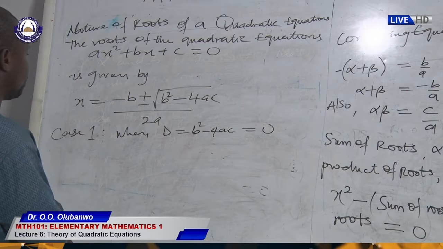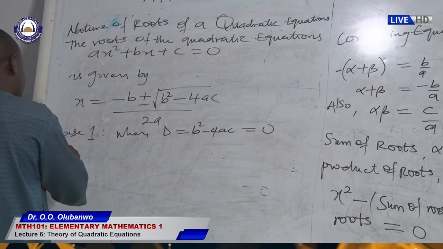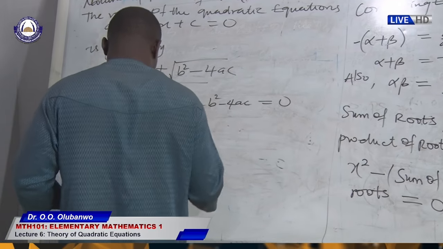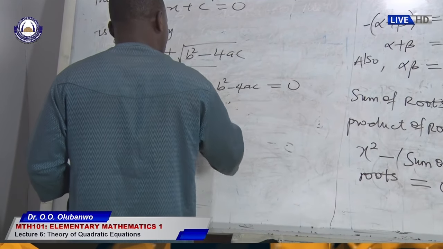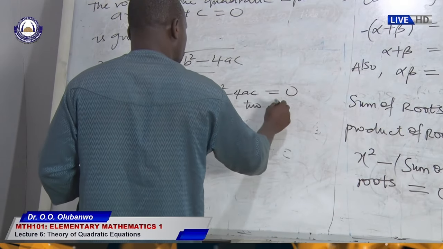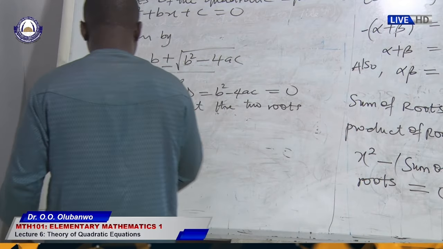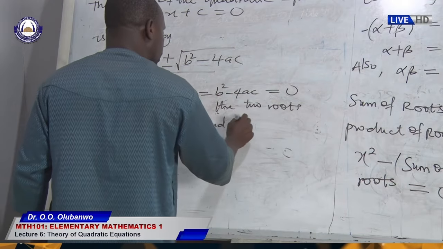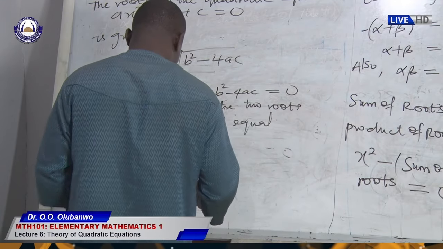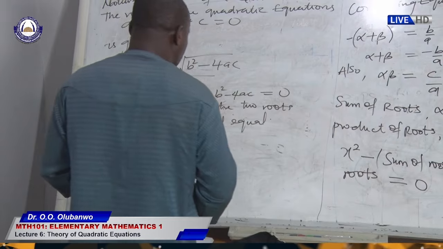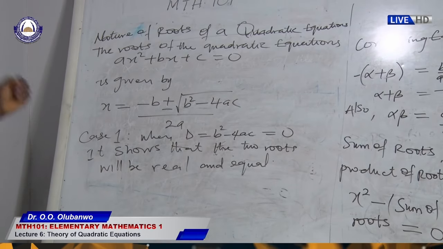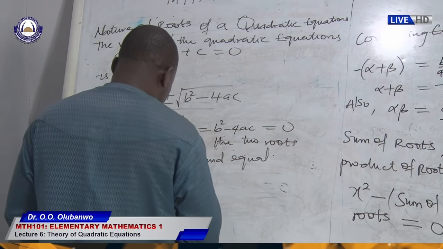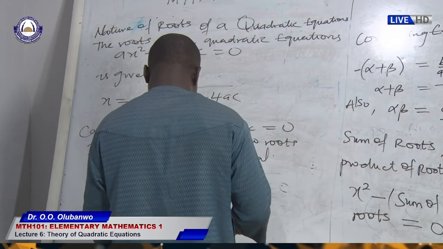When b squared minus 4ac is equal to 0, it shows that the two roots will be real and equal.